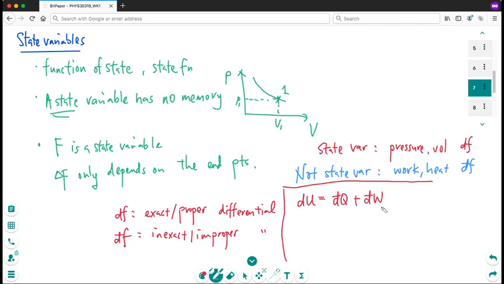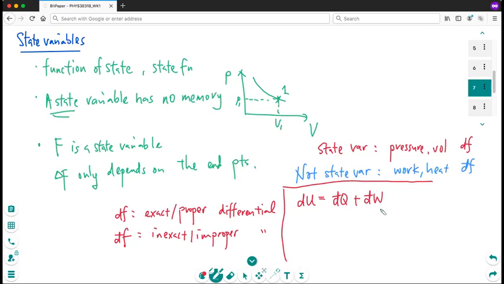But unfortunately, to form the first law, you need to learn how to perform work on the system and how to add heat to the system. And these two both depend on the path, which is very inconvenient. To do the calculation, I need more information than just knowing the two states.